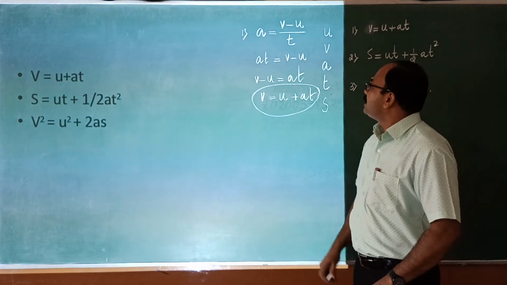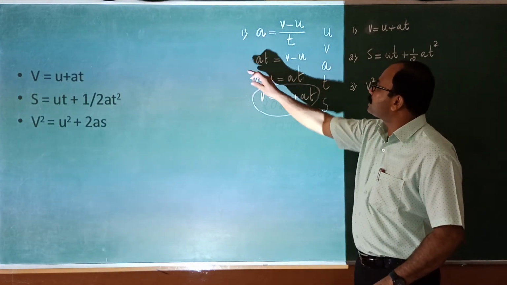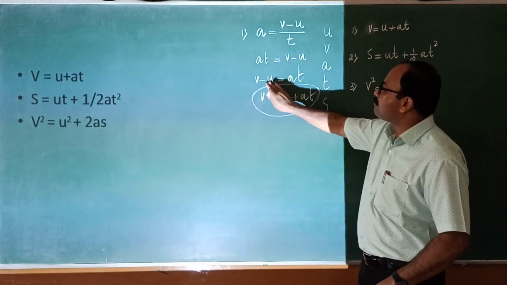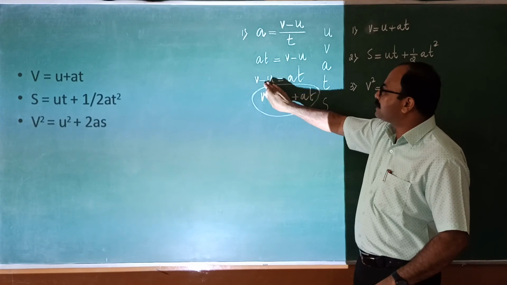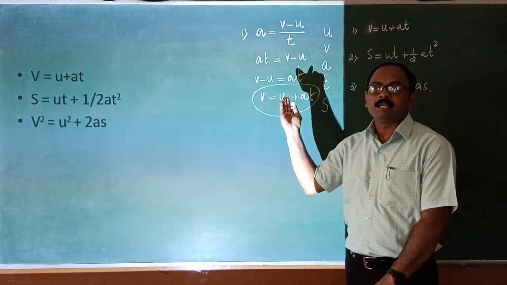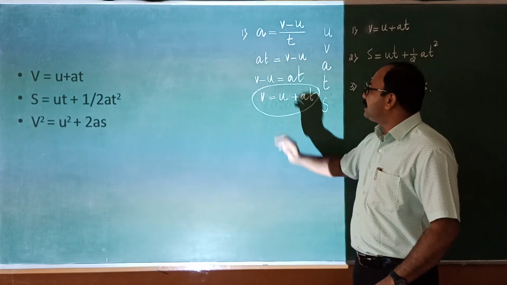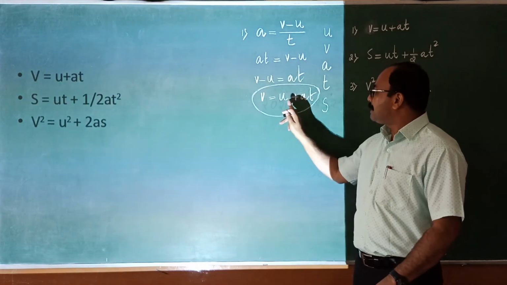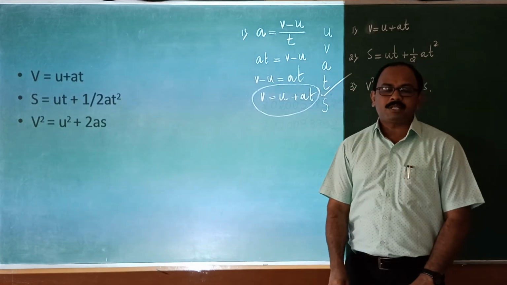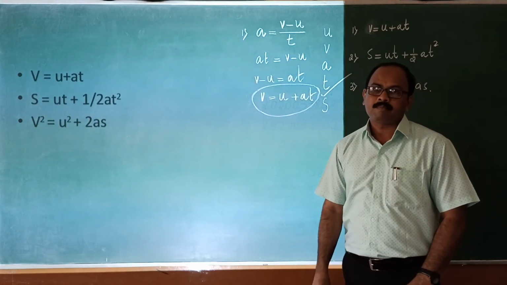Now, I have taken this part towards this side. I have kept v as it is. Transpose this minus u. When it comes to this side, only one term gets transposed. Then minus u becomes plus u. This is plus at. This is our first equation of motion.